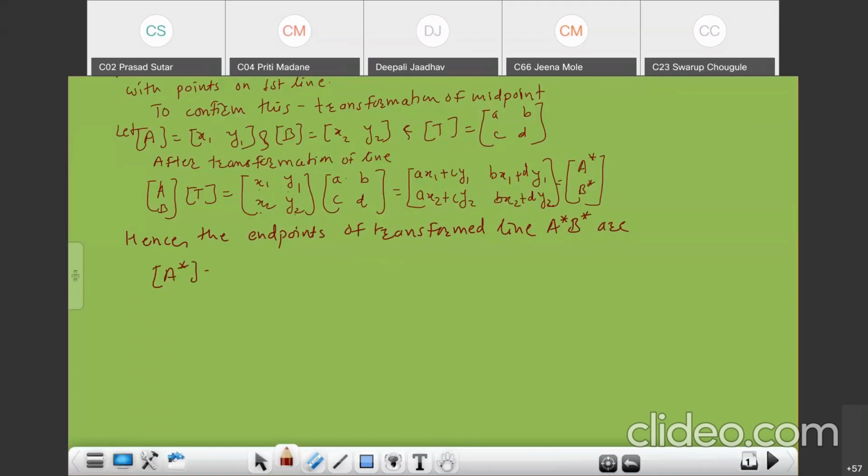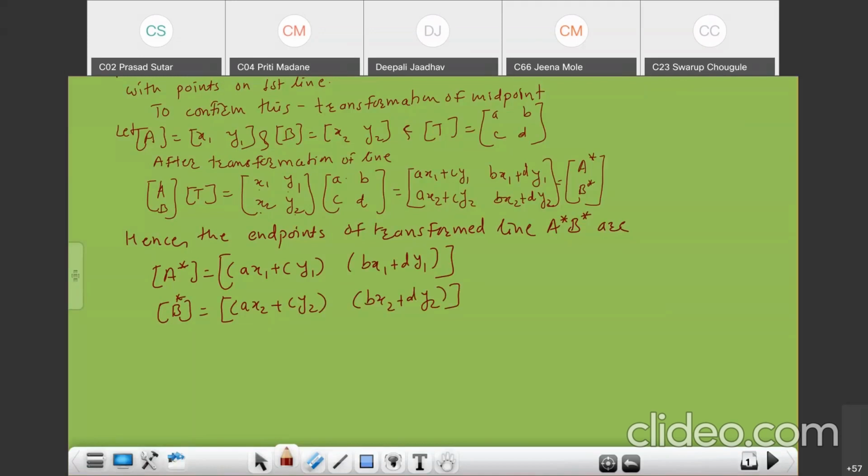A star is equal to, what is A star here? A of x1 plus C of y1 and B of x1 plus D of y1. And what is B star? It is A of x2 plus C of y2 and B of x2 plus D of y2. That is B star.